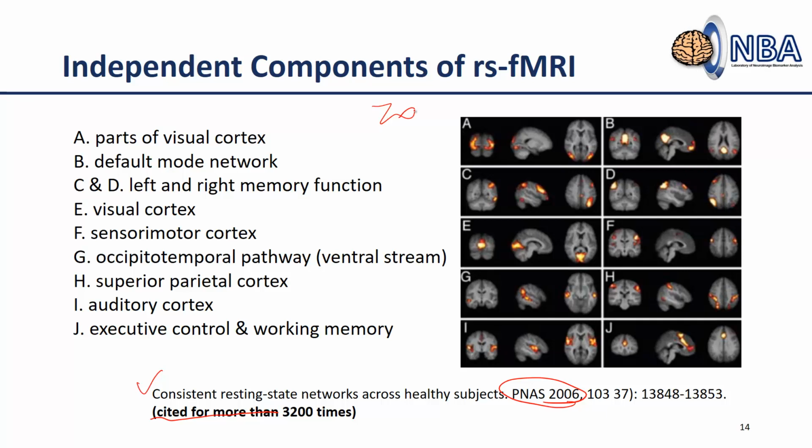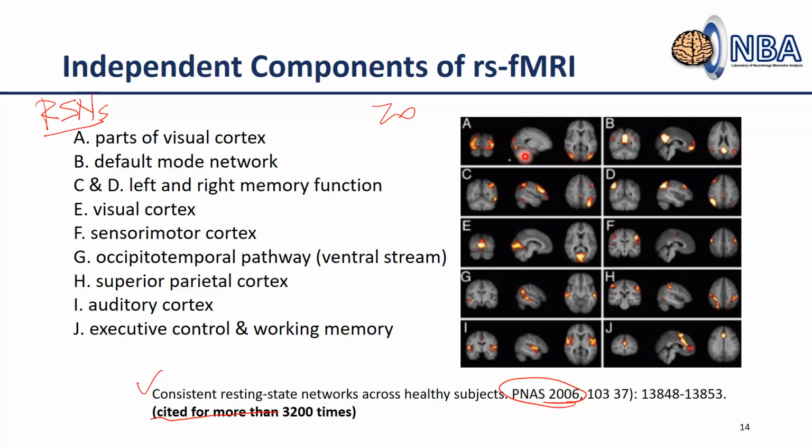Sometimes we now say resting state network as the RSN, with an S meaning you have multiple networks. As displayed in this figure, you can see they identified 10 different networks that are consistent within these 20 subjects.